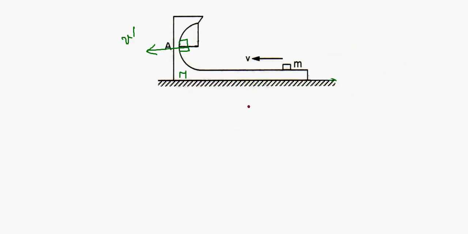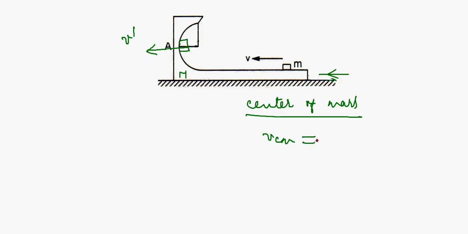Now let's solve it using the center of mass. As there was no force acting in the horizontal direction on the system, the velocity of the center of mass in the horizontal direction will remain constant.